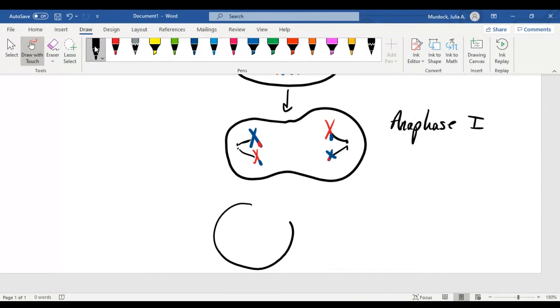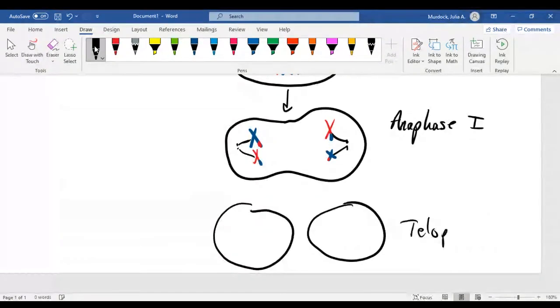Telophase I, we're just going to kind of draw this. Okay. So you have a little guy here, big guy here.